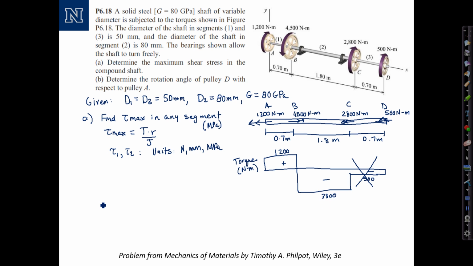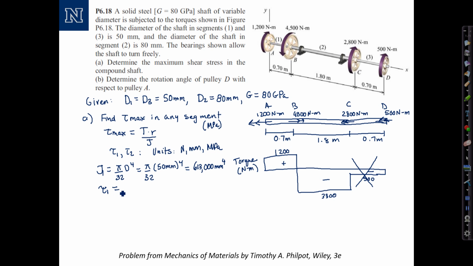Starting with segment 1, we need to compute J in order to compute tau max. J1 is equal to pi over 32 times d to the 4th for a solid section. Pi over 32 times d1, which is 50 millimeters, taken to the 4th. This gives us, rounding to 3 significant digits, 613,000 millimeters to the 4th.